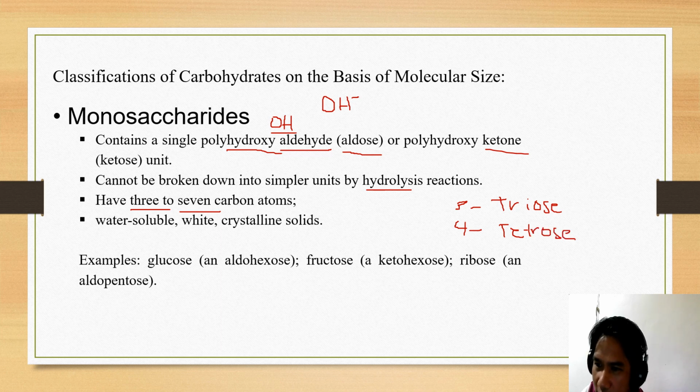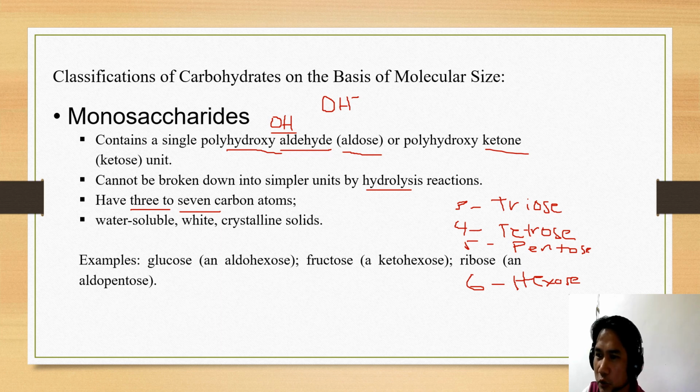A monosaccharide that contains 5 carbon atoms, you call that pentose. Okay? And a monosaccharide that contains 6, you call that hexose. And many of the biologically or biochemically important monosaccharides belong to this hexose.